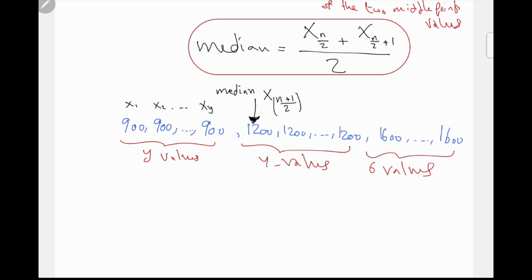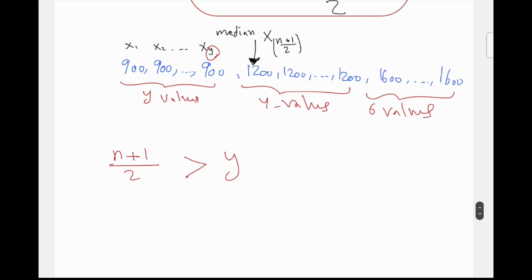So in this case, the value of (n plus 1) divided by 2 must be greater than y, so that the median is at 1,200. That's basically the condition for the median to be 1,200.